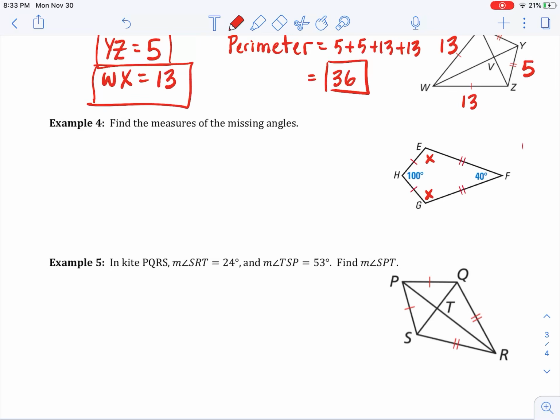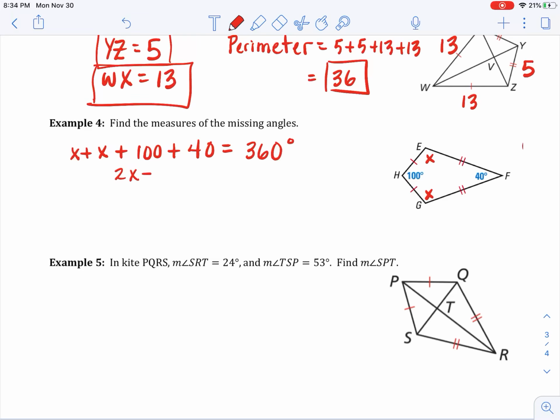And now, hopefully, if you looked at this picture and said, every single angle in this quadrilateral is marked with something, and so I could always add them up. Anytime you know all the angles in a shape, you can add them up, of course. So if you add up the 2 x's plus the 100 plus the 40, what would they be equal to? Well, quadrilaterals always equal 360 degrees, right?